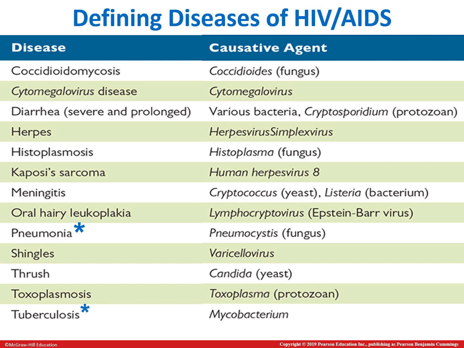So what we call the defining diseases. These are those secondary or opportunistic infections that are typically fairly rare in healthy individuals. So unless you have immunosuppression associated with the HIV AIDS status, these are probably not infections you would see. And so, for example, pneumonia, I've got a couple of them asterisked here that are really the primary ones.